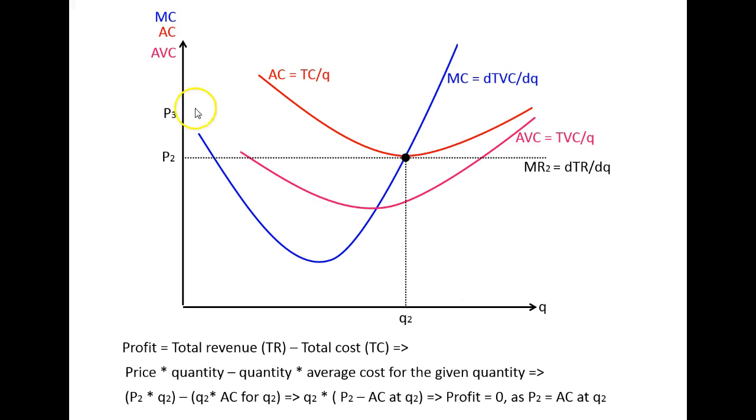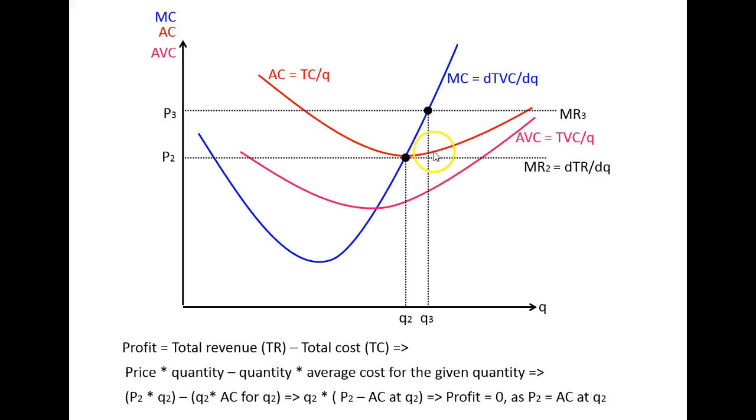So if we increase the price to P3, we will receive a higher marginal revenue 3. With the same reasoning, we're going to look for the marginal cost equal to marginal revenue. So we see that we're going to produce at this position, and therefore we're going to produce Q3 units. So let's calculate the profit. We have P3 times Q3. That's this big rectangle over there.